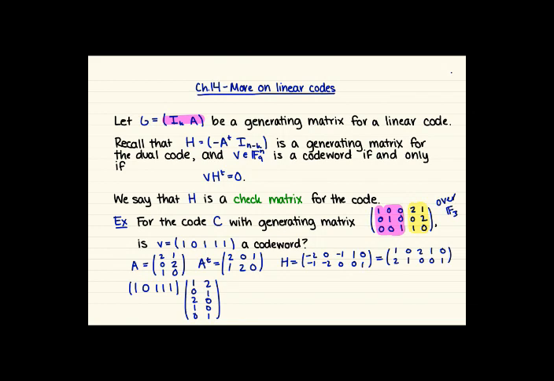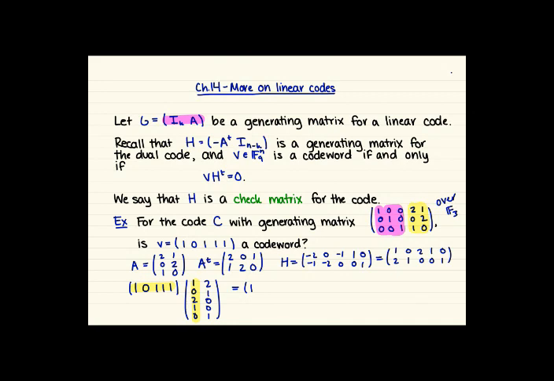All we have to do is multiply these and see if we get the 0 vector. Multiplying the first column, we've got 1 plus 2 plus 1, so we end up with 4, or 1, since we're over F3.